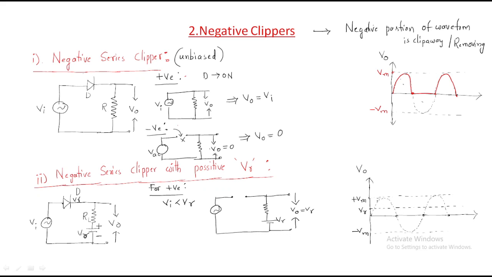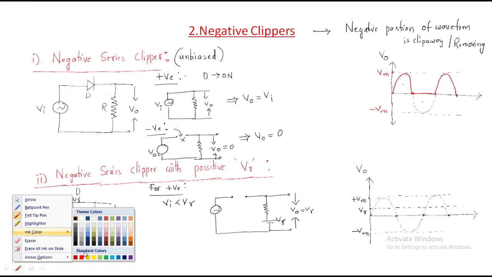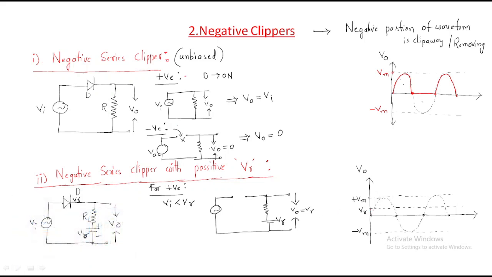That means for the portion less than VR, it represents only the reference voltage. This portion is less than VR, this is less than VR, and for every such portion the output is only VR.